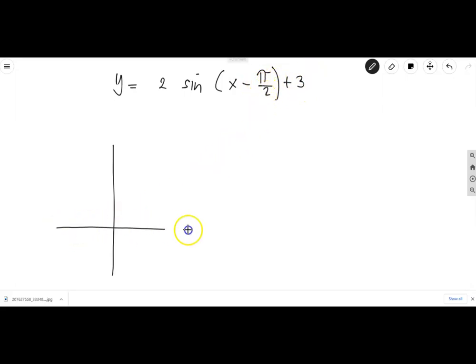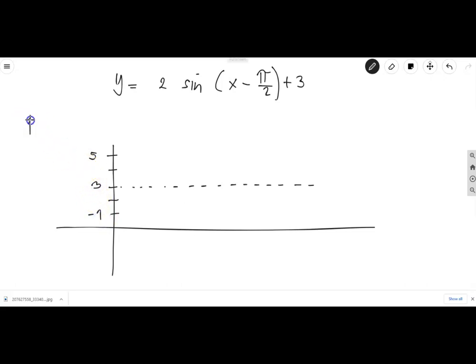The shifting of the sine here is going up by 3, so instead of starting at the origin, you will have this one as your starting point. The height is 2, so you add 2 to get 5, and this one is -1.